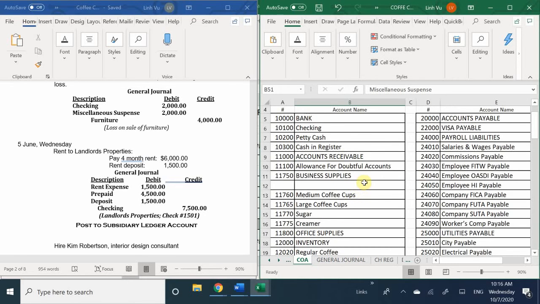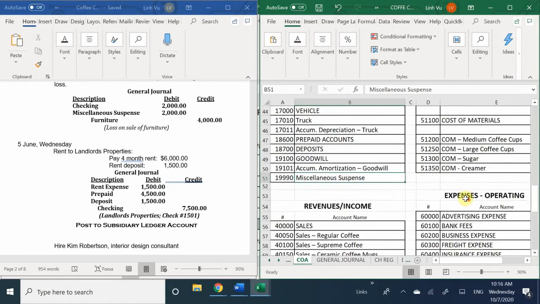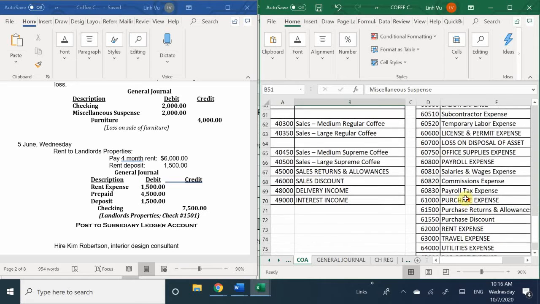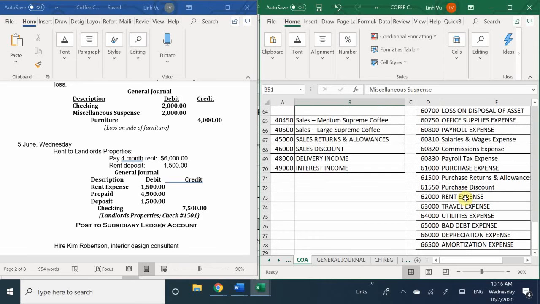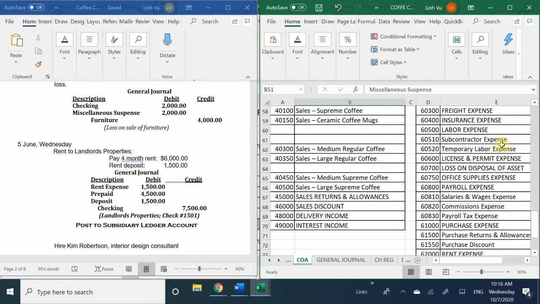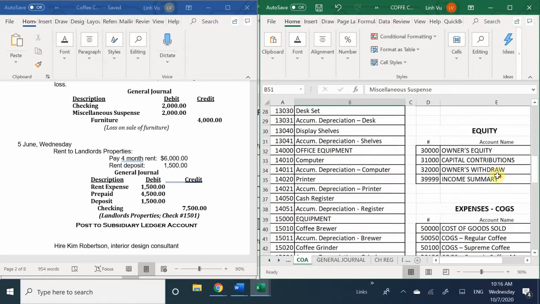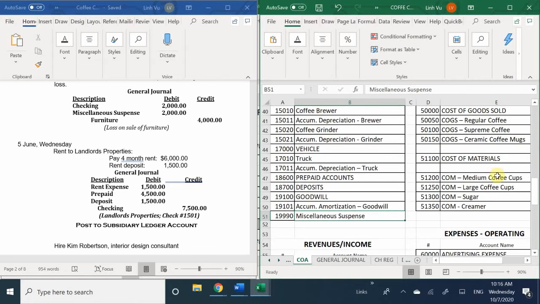So do I have a rent expense? Yes, of course there is, but I want you to look it up because I need to get the number. 62,000. Do I have a prepaid account? $18,600 is my prepaid account, right?